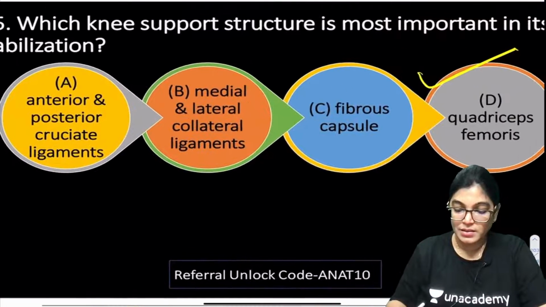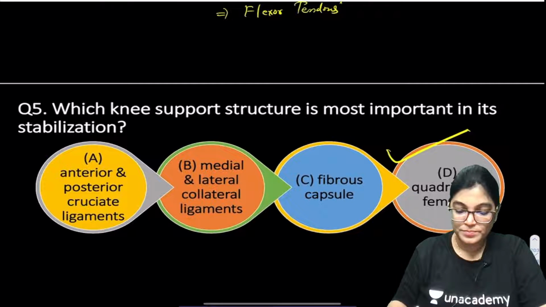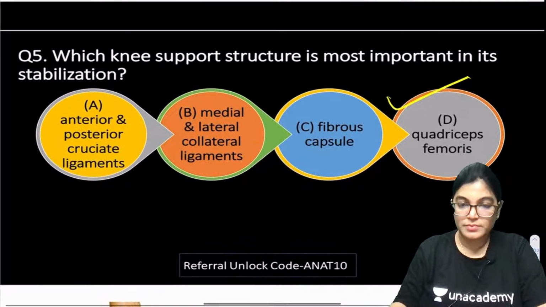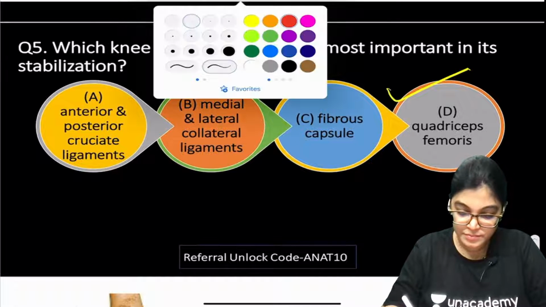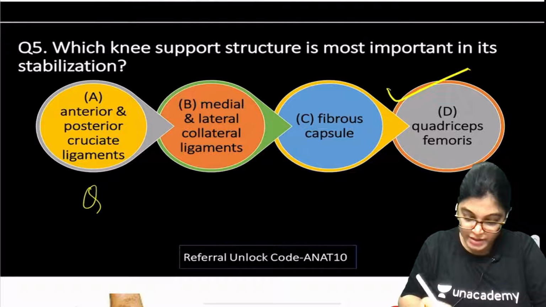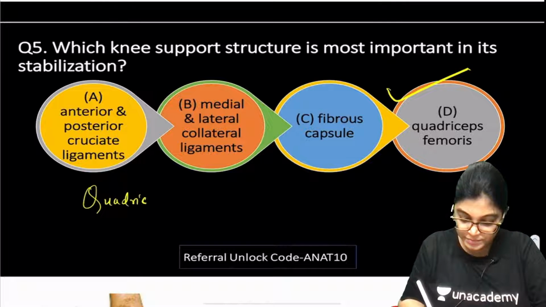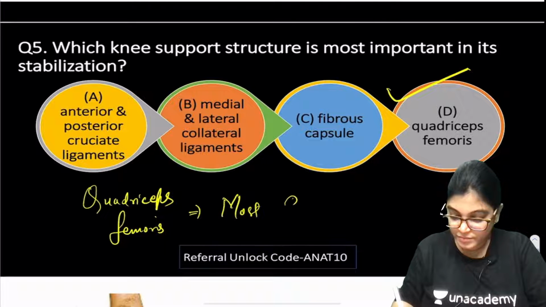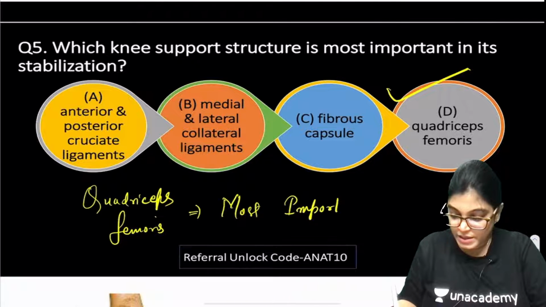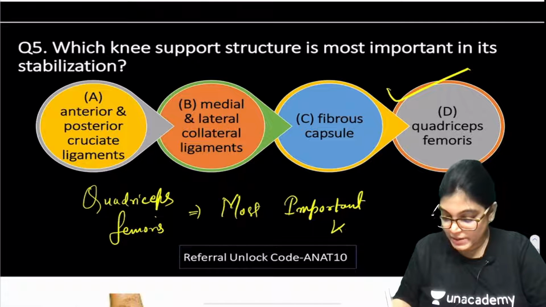You can write that point, it is very important. Please write down: quadriceps femoris muscle is most important for maintaining knee stability.